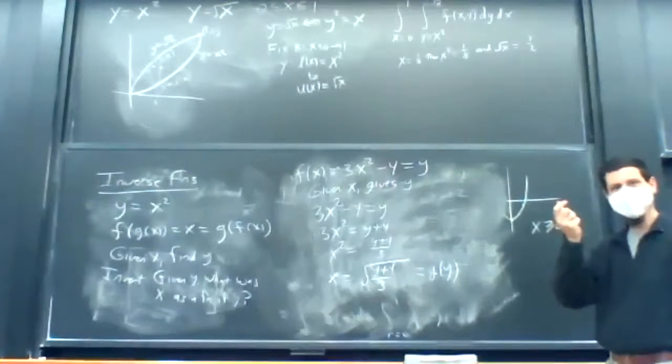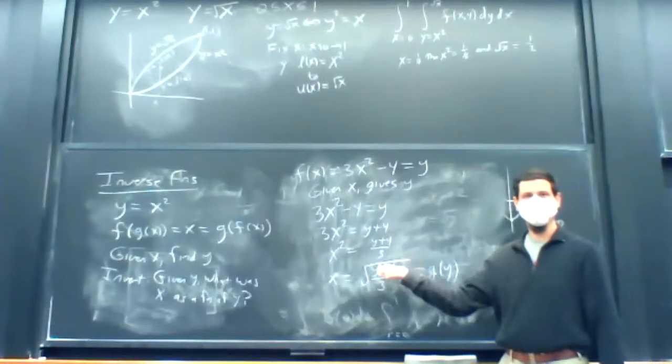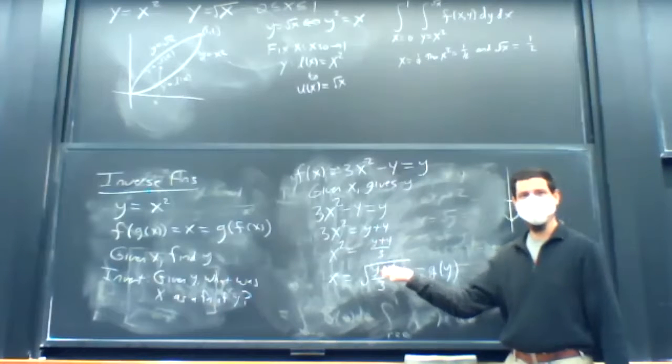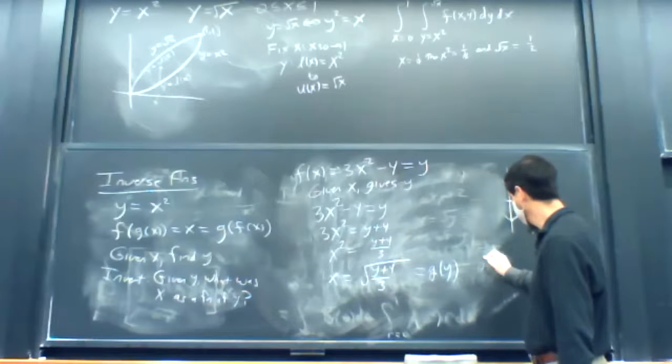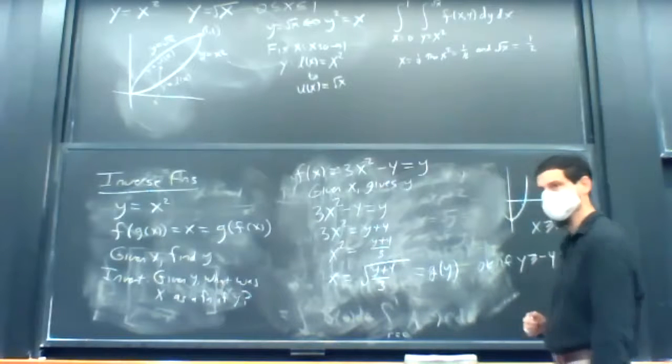Other way around. If y is greater than -4, we're okay. So we're okay if y is greater than or equal to -4.